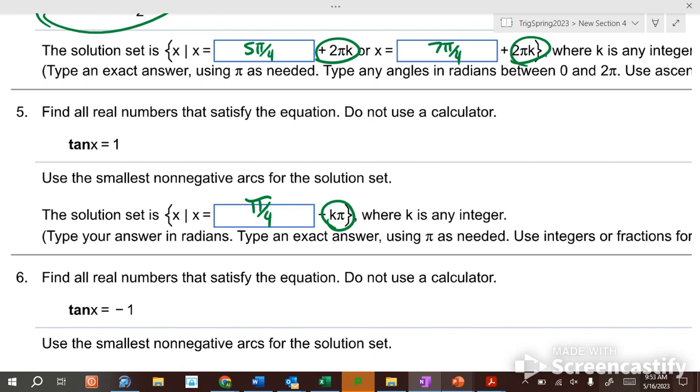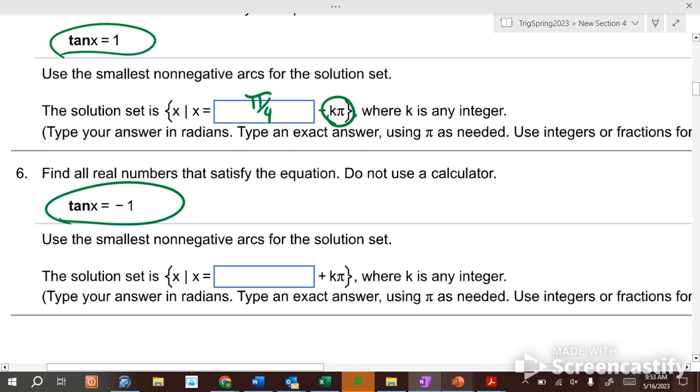Okay? Tangent's kind of cool like that when it's equal to 1 or negative 1. So where is tangent equal to negative 1? At 135 degrees, which is 3 pi over 4, plus k pi. Because at 180 past that, so at 135 and 315.